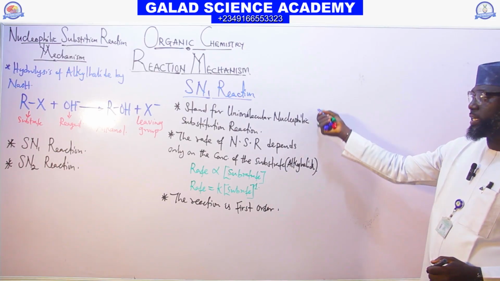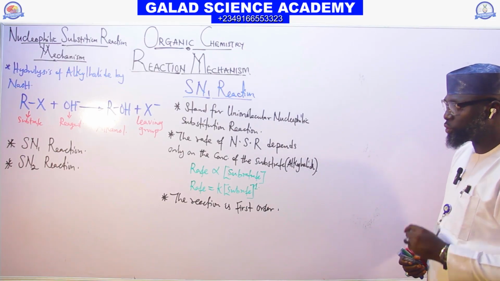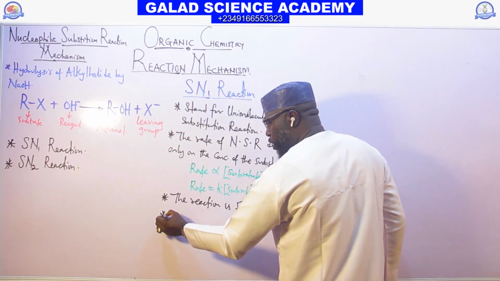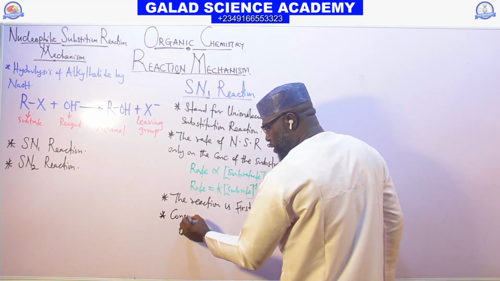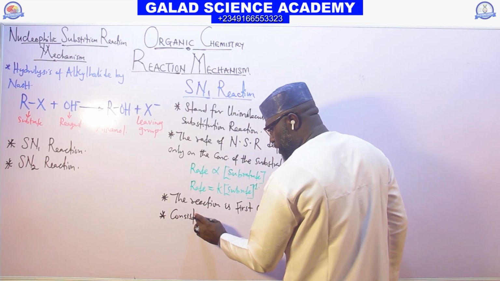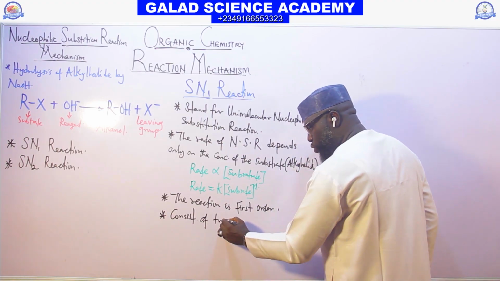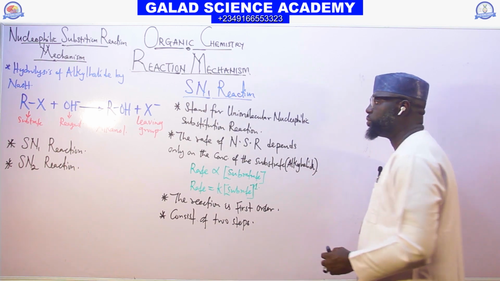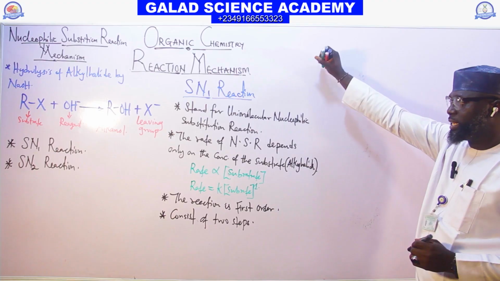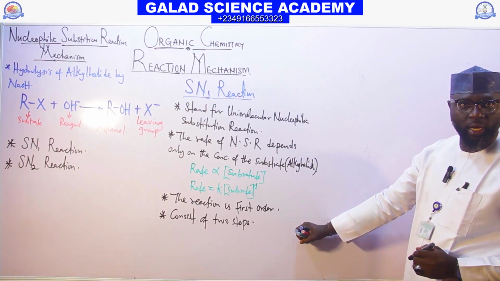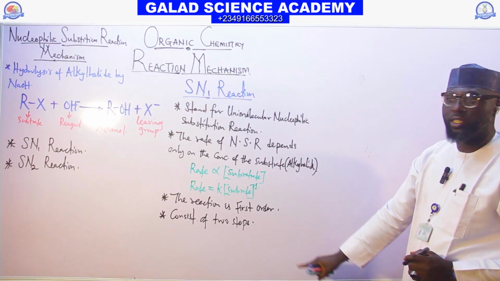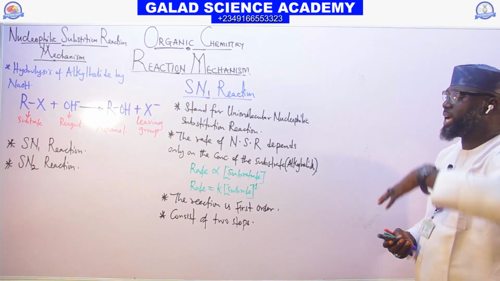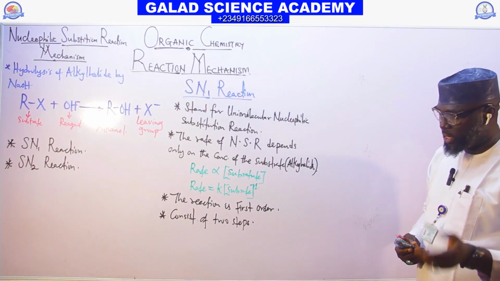The reaction is first order, and it consists of two steps. So these are the basic necessary facts on the SN1 reaction. Let me give you one example on the SN1 reaction and its mechanism.